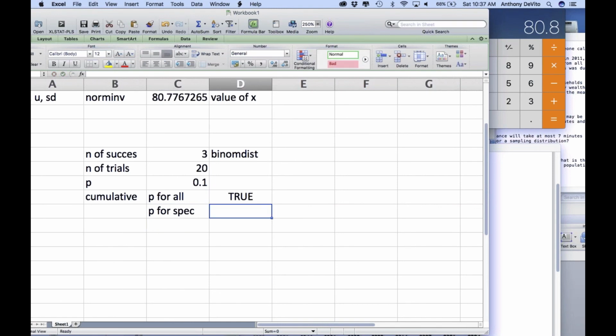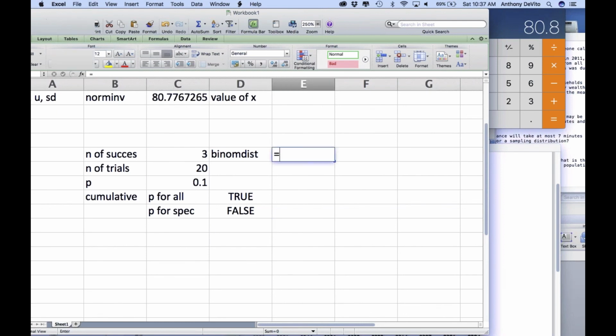So then you'll have the probability that 3 or fewer, 3, 2, 1, and 0 people have diabetes, all of those combined in one number. And if you say false, well, false is the probability that the outcome is exactly 3 out of 20, rather than including the probability for 2, the probability for 1, and so on.